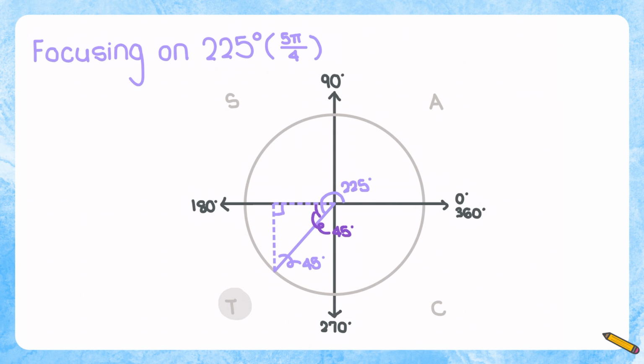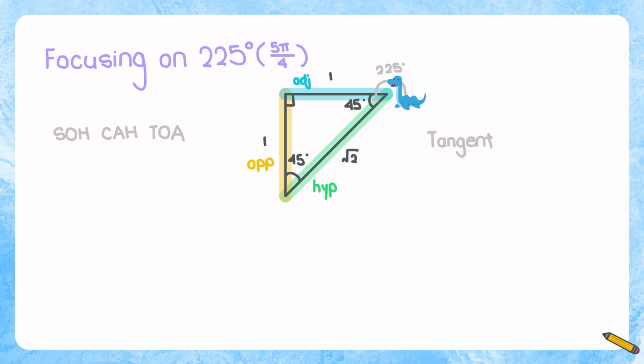And so we're in quadrant 3, and I'm standing still at the center of the circle, so right here. So here I've already set up my reference triangle along with its side lengths. Here I have a 45, 45, 90 triangle. So now let's find each of the trig values for 225 degrees, or in other words, 5 pi over 4 radians.